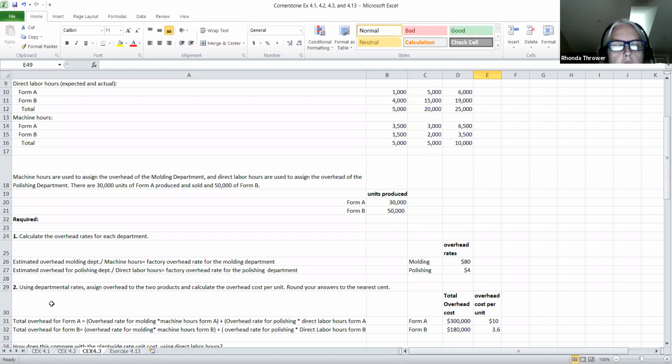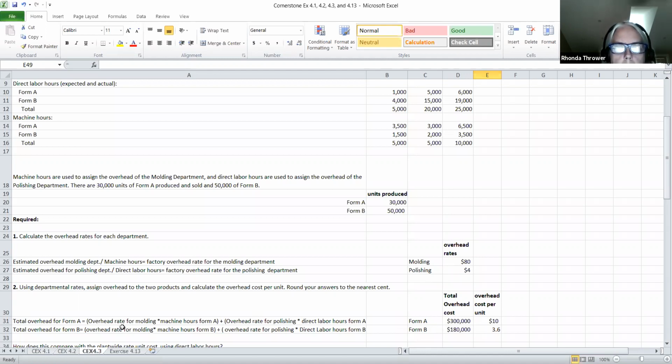For requirement 2, we are using departmental rates. These are the rates right here that we came up with to assign overhead to the 2 products. And they also want us to calculate the factory overhead per unit. So what I did is I broke this down and I calculated the total overhead cost for Form A first.